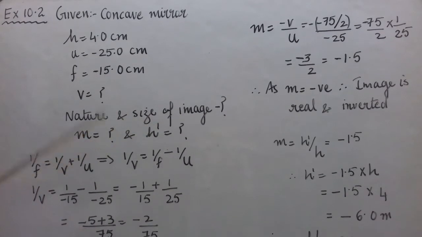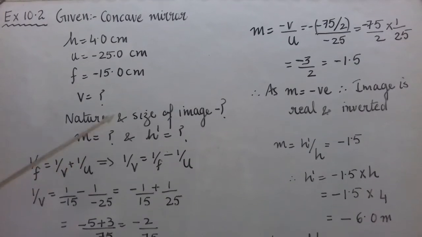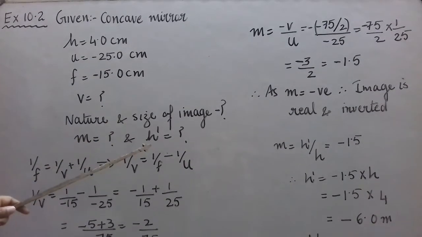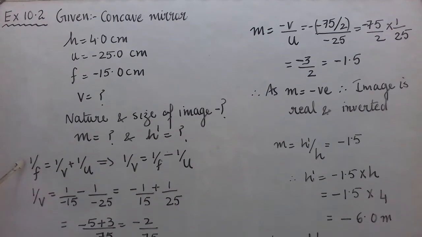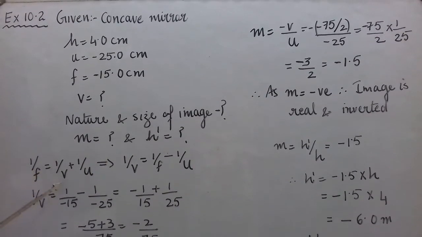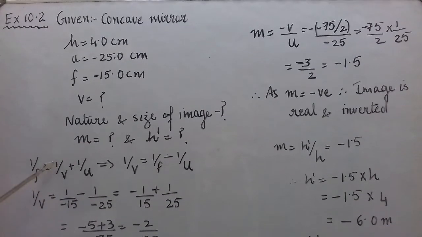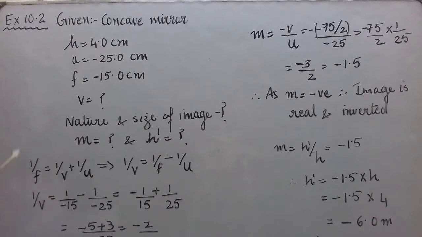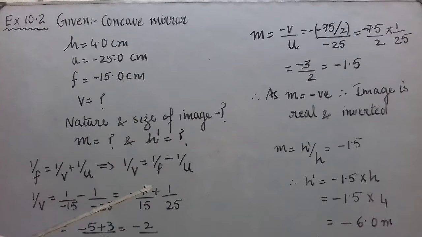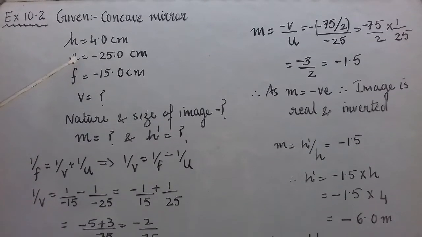And as I have told you, for nature we will always prefer to find magnification M, and for size of image means h dash we have to find. Now using the mirror formula, 1 upon f is 1 upon v plus 1 upon u. We have to find v, so 1 upon v is equal to 1 upon f, take this on the other side, minus 1 upon u. 1 upon v is equal to, put the value of f and u and just simplify it.